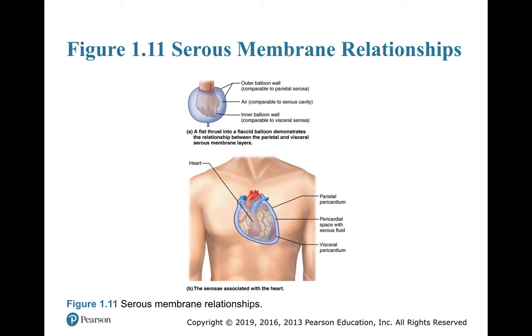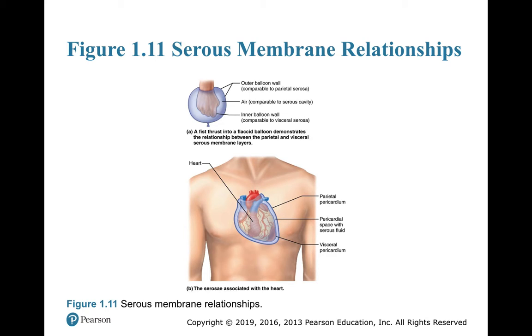One way to think of a serous membrane is to picture yourself putting your fist into an underinflated balloon. Your fist would then be the organ that you're describing. The air between your fist and the outside wall would be comparable to the serous cavity, which would normally be filled with serous fluid. The outer balloon wall would be the parietal serosa.